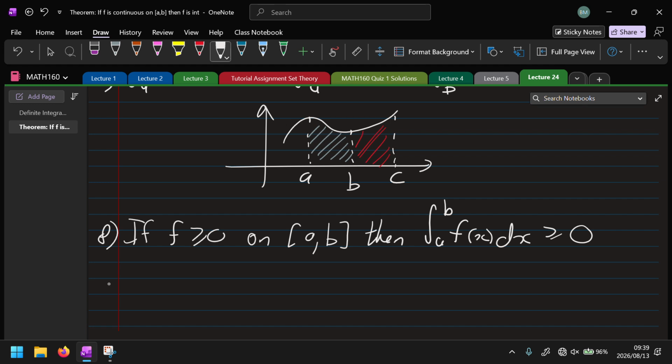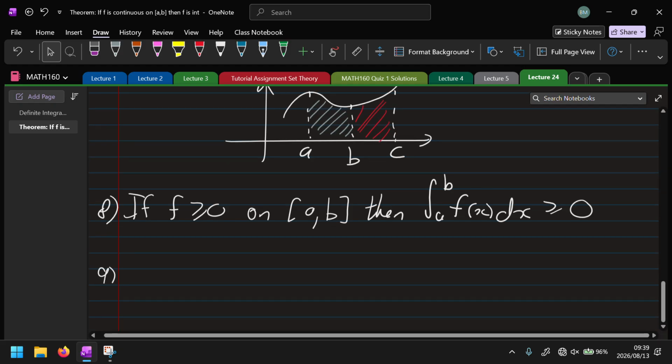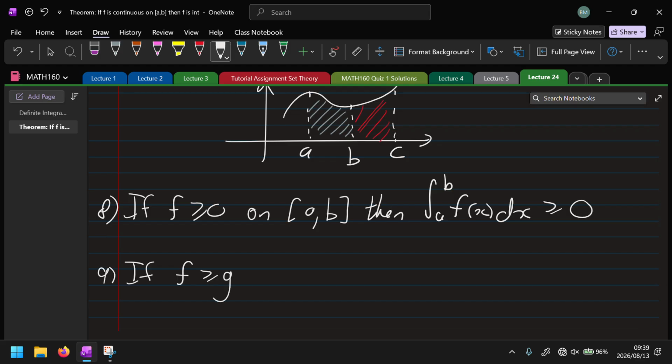So, number 9. If f is greater than or equal to g on the closed interval AB, then the integral from A to B, f of x dx, is greater than or equal to, anyone would like to guess what goes on the side here?